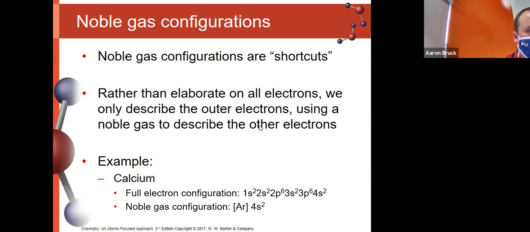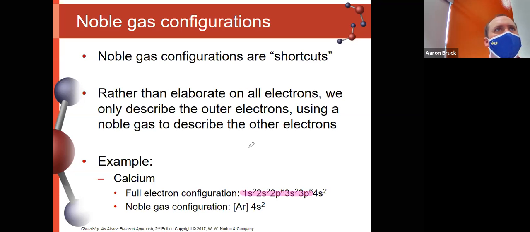As an example, we can look at calcium. The full electron configuration for calcium is 1s2, 2s2, 2p6, 3s2, 3p6, 4s2. What the noble gas configuration recognizes is that this part of the configuration, these 18 electrons, can easily be represented by the 18 electrons of argon. There's no variability in them.